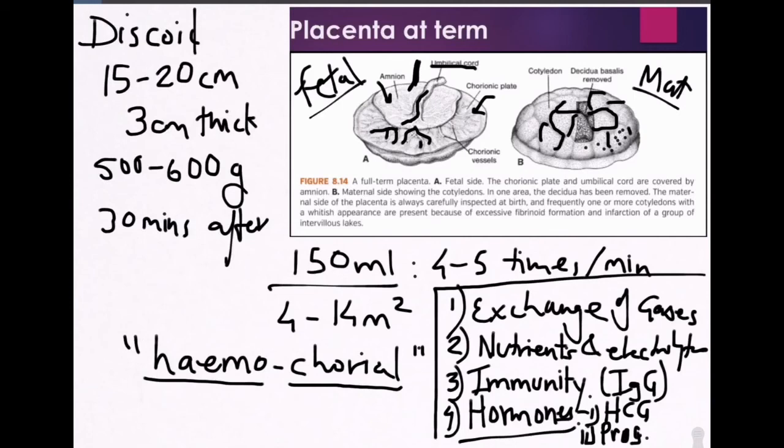By about the beginning of the fourth month, it is the placenta that secretes the progesterone and maintains pregnancy. Another important hormone, I'm going to write it here, is somatomammotropin. Again, we don't want to talk a lot about these right now, but just remember somatomammotropin and also estrogen. So some of these hormones are secreted by the placenta.